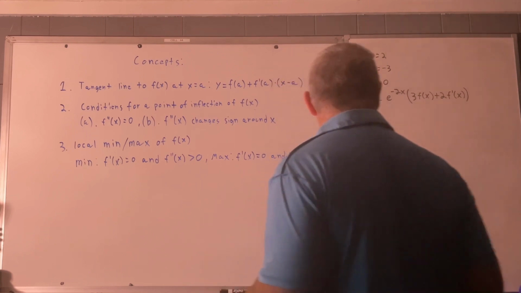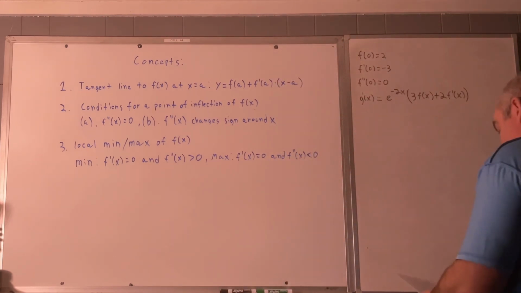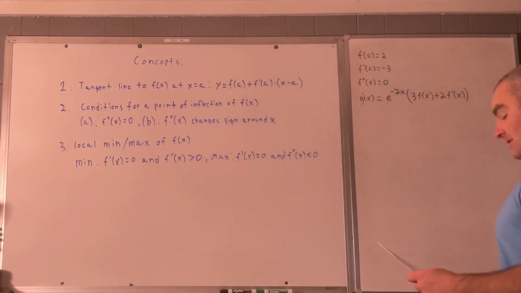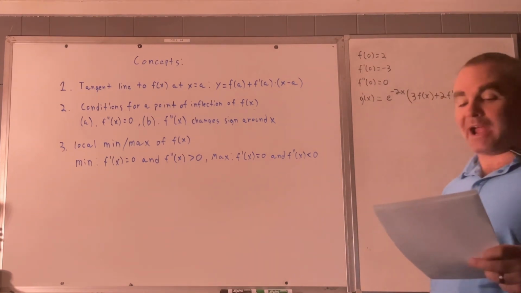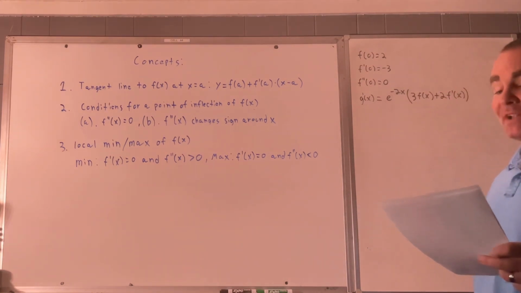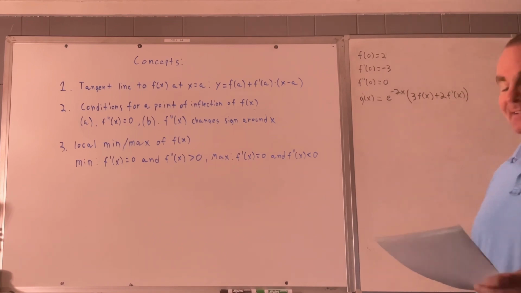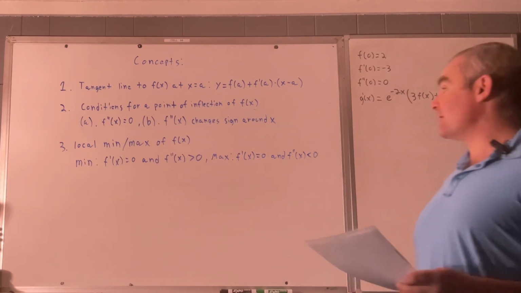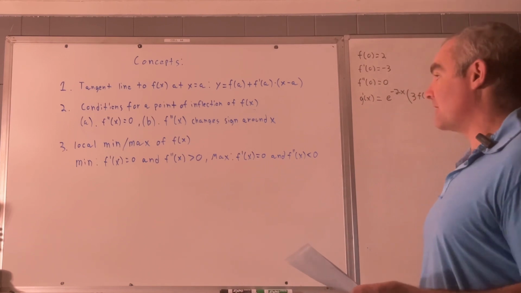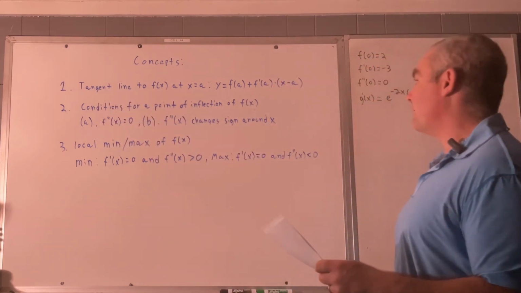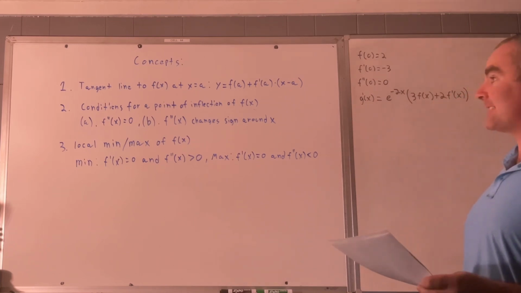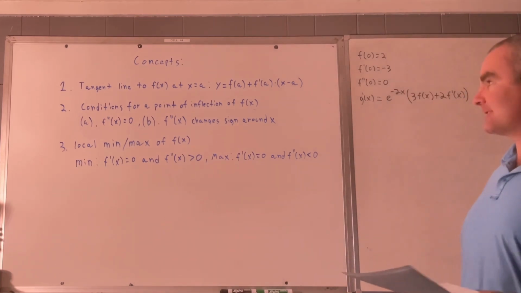All right. So on to part B. Is there sufficient information to determine whether or not the graph f has a point of inflection when x is equal to 0? This is where our second concept comes in. These are the conditions for a point of inflection of f of x at any point x.